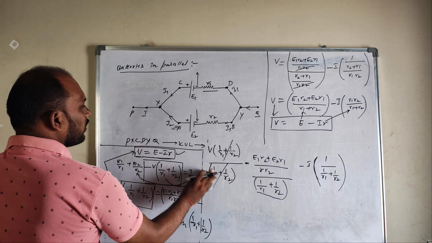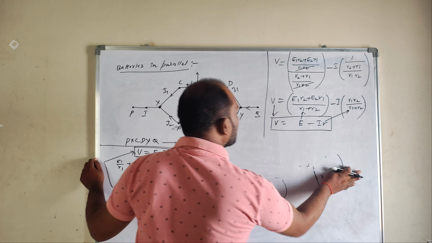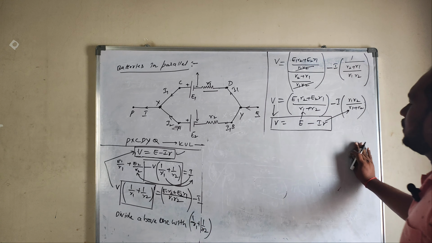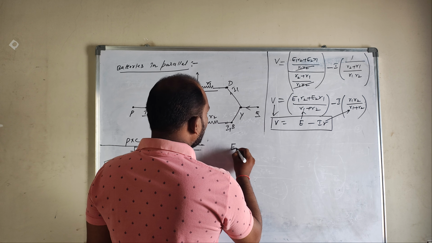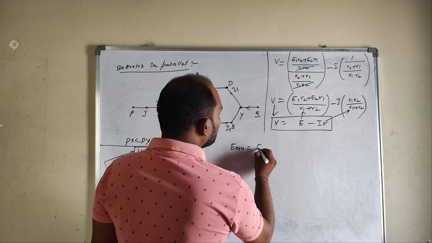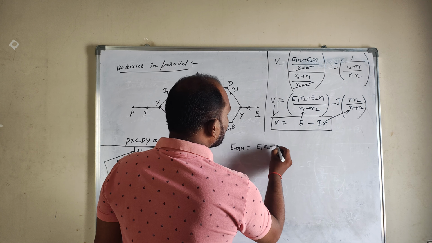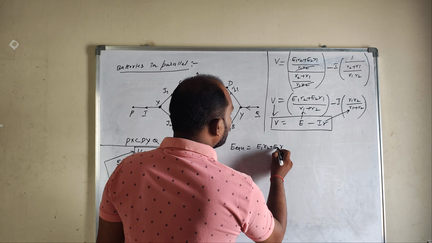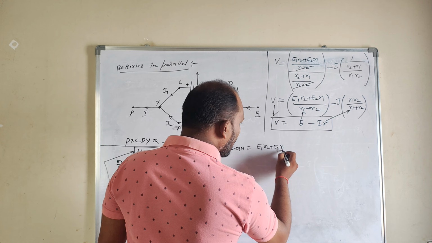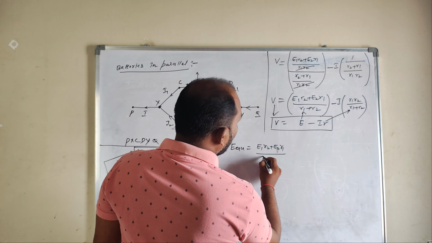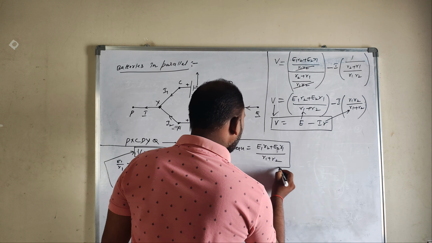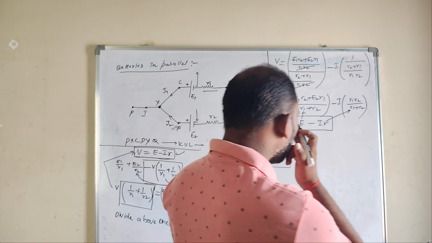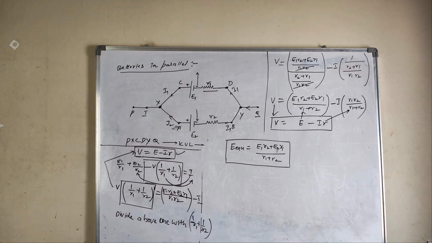So what do we get when comparing these equations? E equivalent is equal to (E1 R2 + E2 R1) / (R1 + R2). So this is a very important equation.